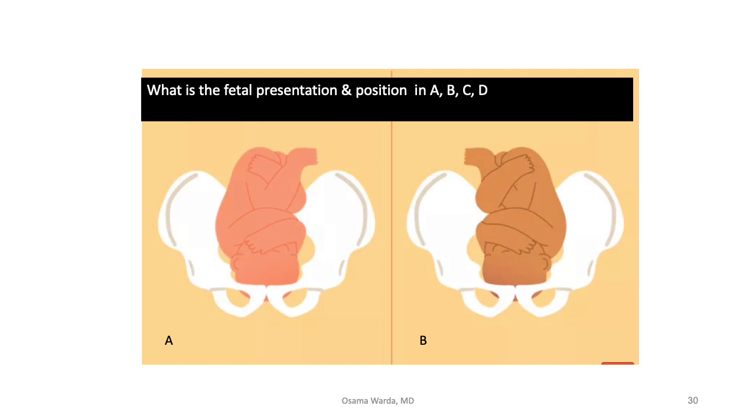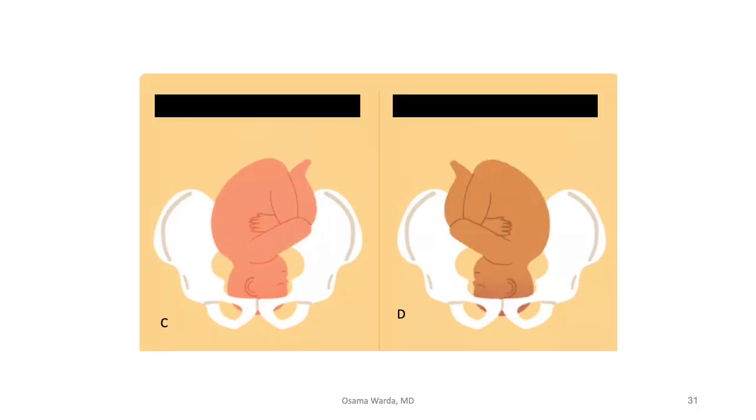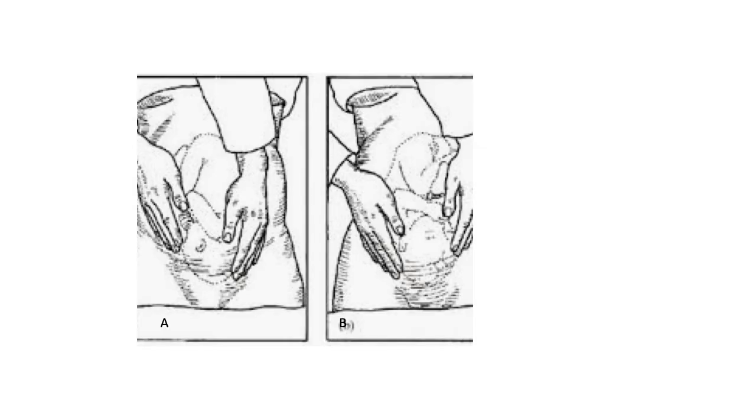The back is at the right side and posterior, so this is a cephalic presentation, and the back is right posterior, so it is right posterior position. Figure B is left posterior position. C, right anterior position. D, left anterior position. Good.